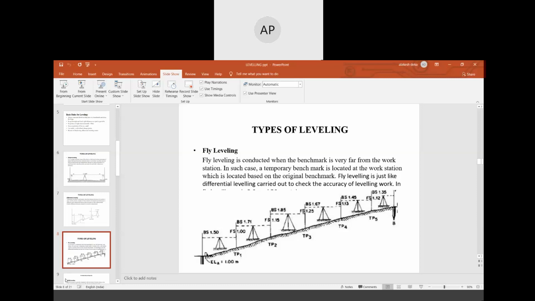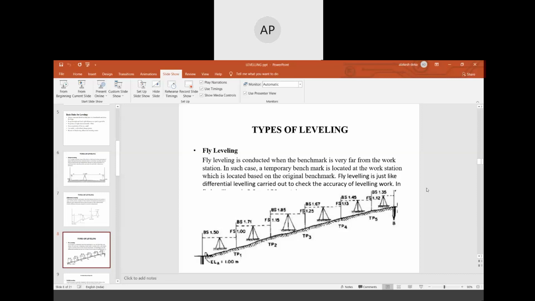Fly leveling is just like differential leveling, which is carried out to check the accuracy of the leveling work. That means this type of leveling we do to connect the benchmark to the starting point of the survey line.